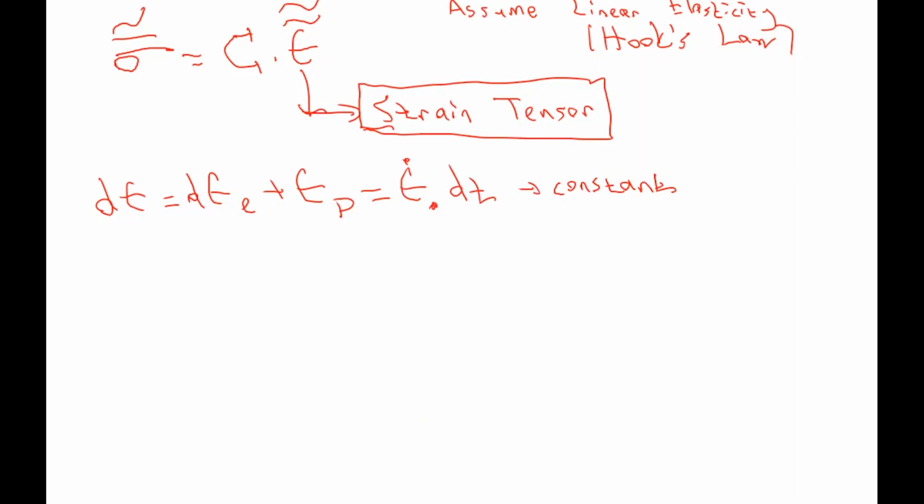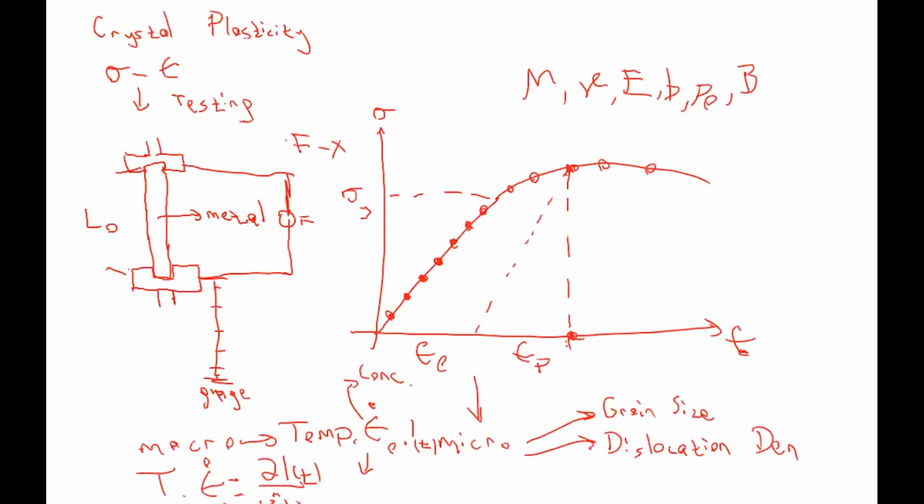If you think about the stress and strain curve, once you are going from here to here, you have elastic strain plus plastic strain. Till this point, we only have elastic strain.